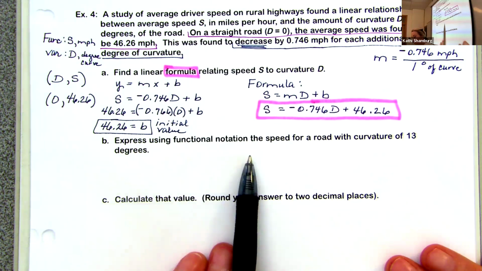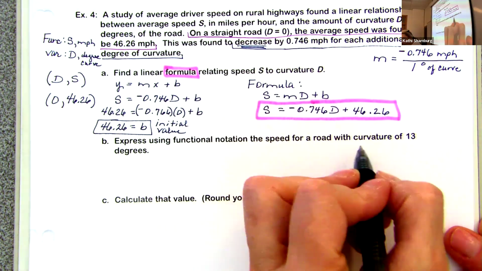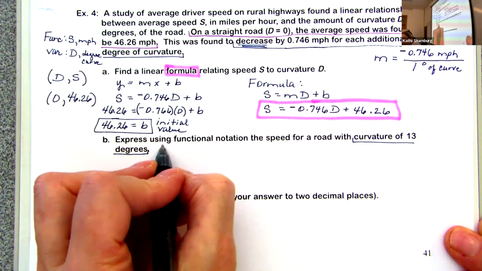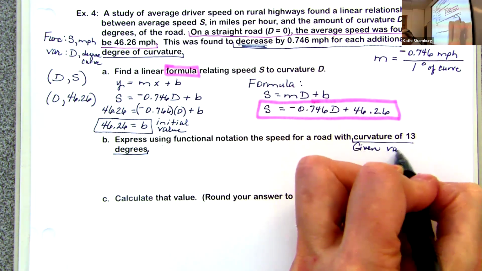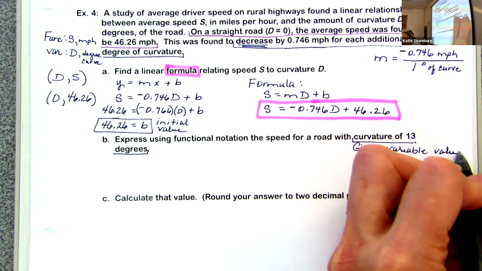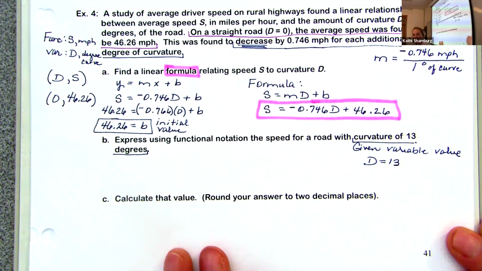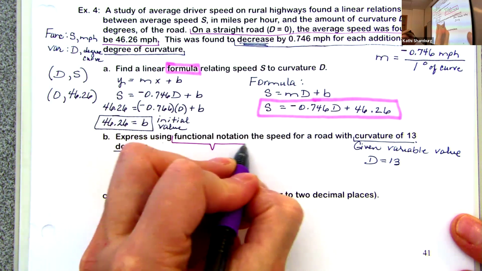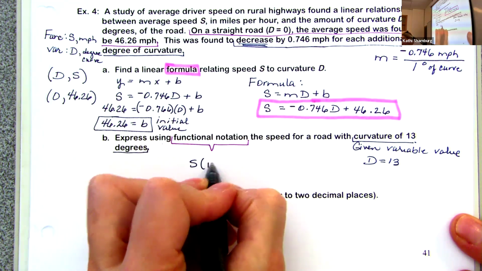Express using functional notation the speed for a road with a curvature of 13 degrees. What was given? The variable. And my variable is D, so this would be D equals 13. So how would I write that in functional notation? S at 13.